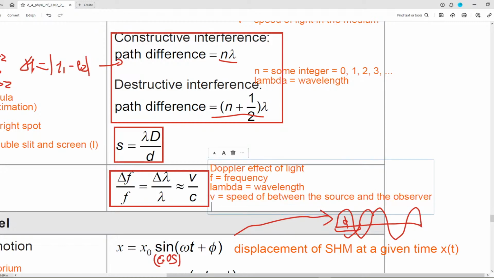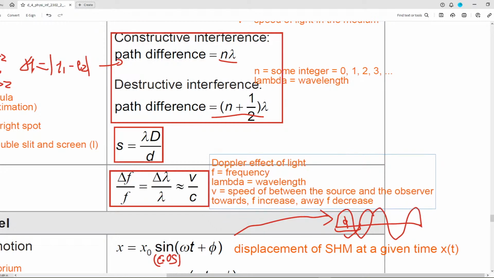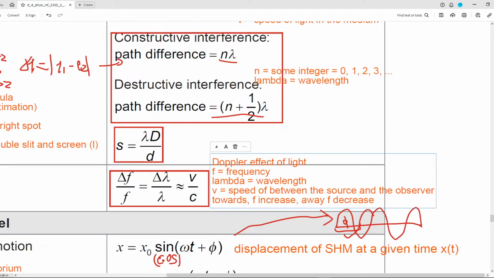Okay, so there's no direction in this formula, but if towards, frequency will increase. Away, frequency will decrease. And wavelengths will change by the same proportion, but in opposite direction.